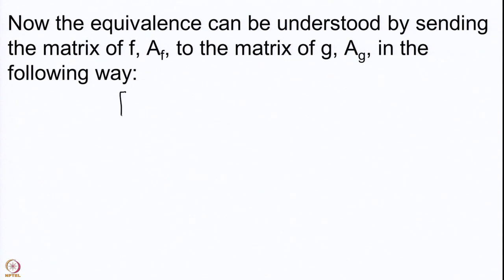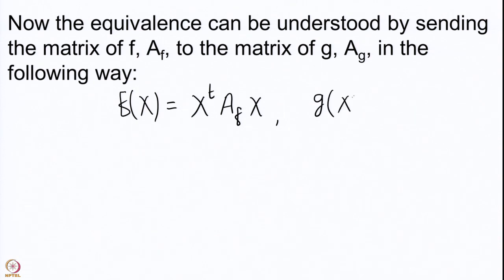But let us also understand how these transformations look like when you go from the matrix AF, which was the matrix for the quadratic form F, to the matrix AG for the quadratic form G. Let us also try to understand that. So, we have understood that f of capital X is nothing but x transpose AF x, and similarly when you apply G to x, you get x transpose AG x.